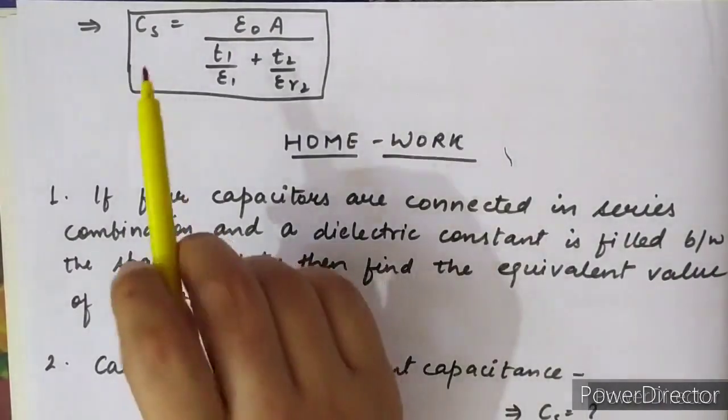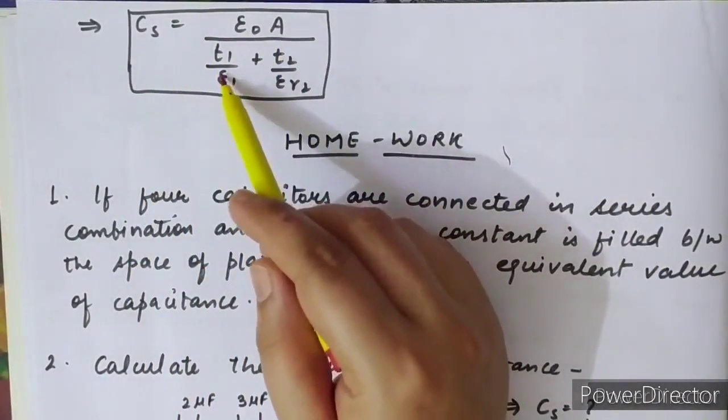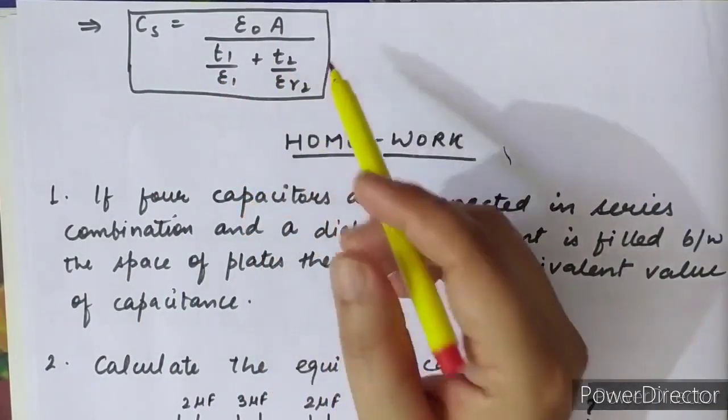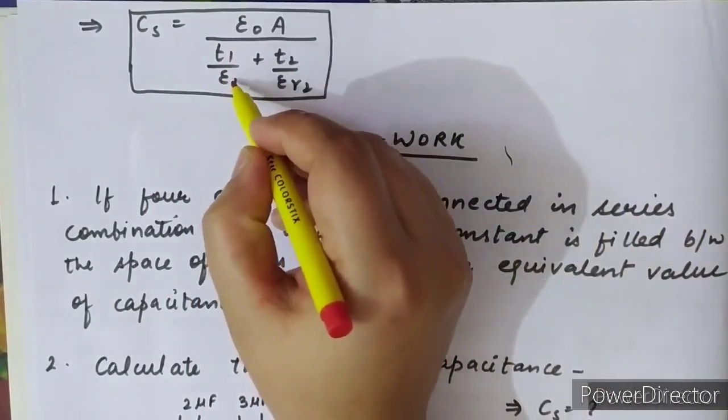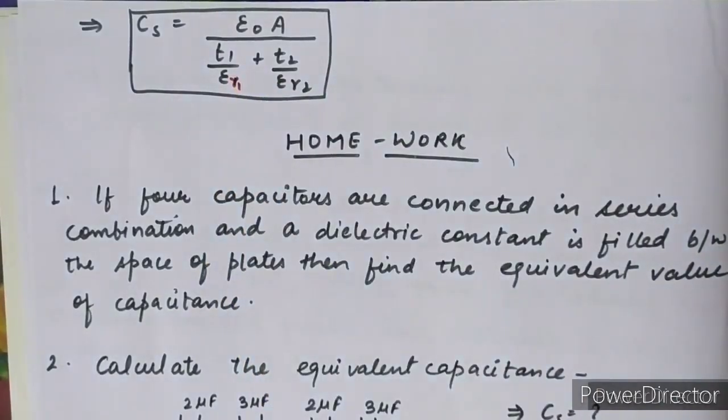So Cs is equal to epsilon naught A upon T1 upon epsilon R1 plus T2 upon epsilon R2. This is the equivalent capacitance in a series combination if dielectric media having dielectric constants are placed between the plates of a capacitor.